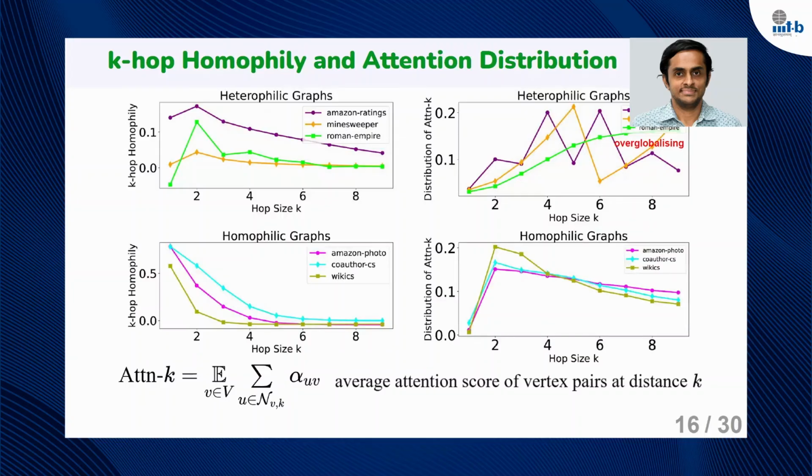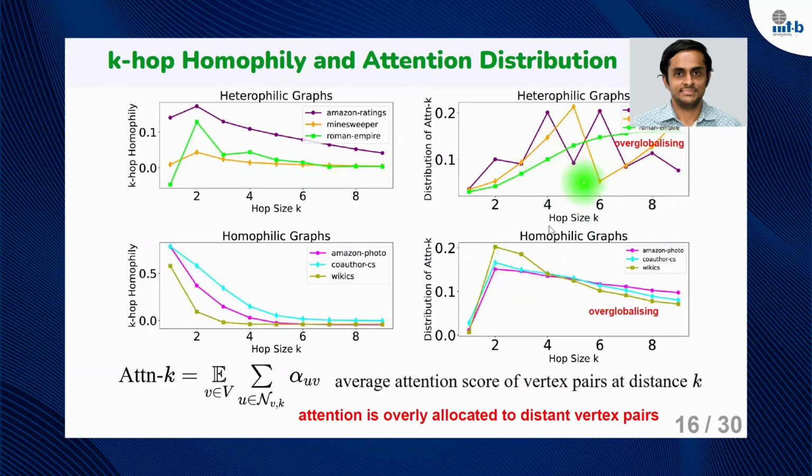Similarly for homophilic graphs, the attention distribution is higher than what is necessary for the downstream task. Attention is overly allocated to distant vertex pairs. Distant pairs are overemphasized when using transformers on graphs. This is the over-globalizing phenomenon.